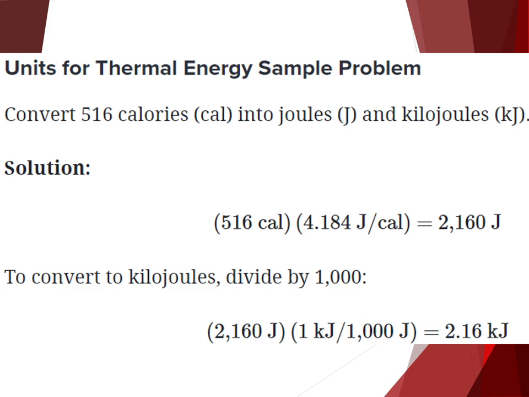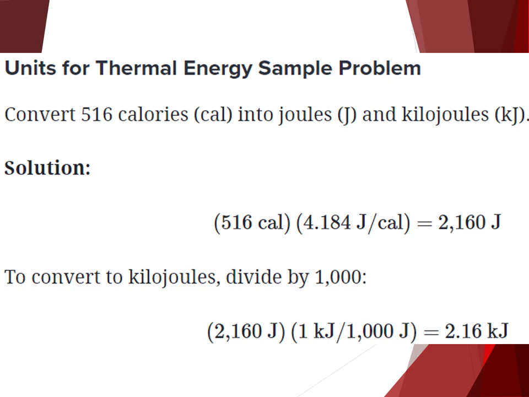And so we put the 1 calorie on the denominator of this fraction so that the units calorie cancel out, leaving behind only the unit for joules. This particular setup allows me to easily understand that I am intended to multiply 516 by 4.184. So my answer there is 2,160 joules.